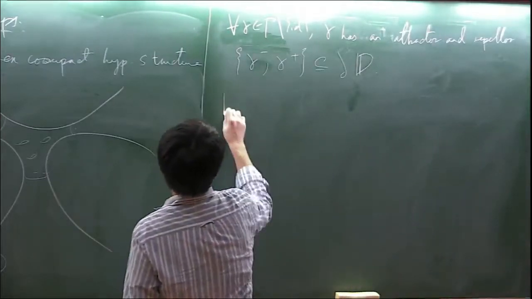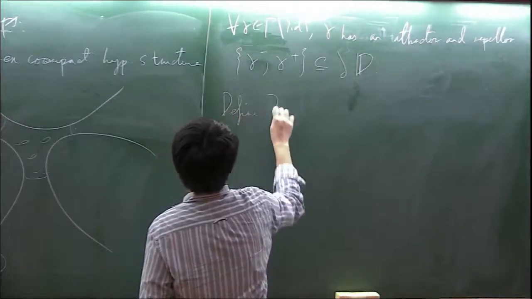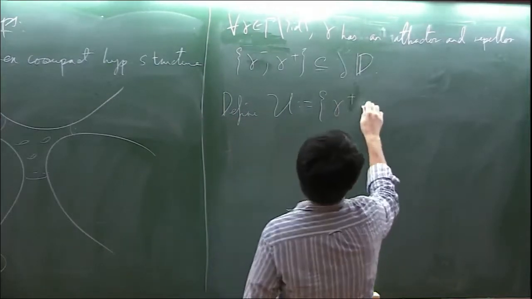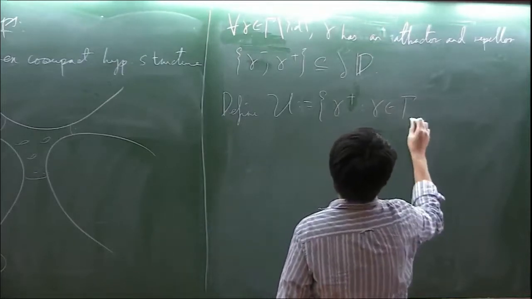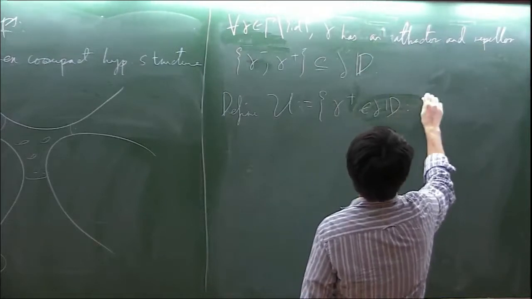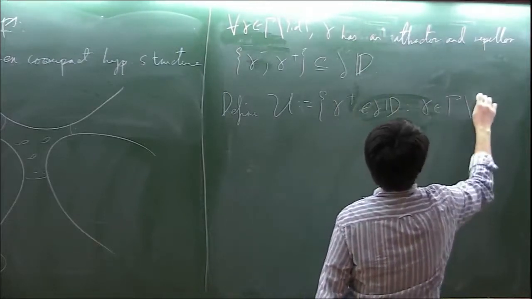So I'm going to define U to be the set of fixed points, lying inside the boundary of D, of the elements in gamma that are not the identity.